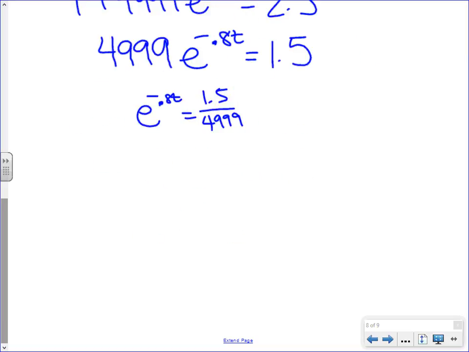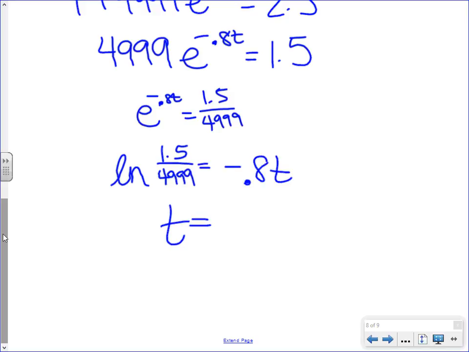Now we can write this as log base e of that 1.5 divided by 4,999 equals negative 0.8 t. So now we can punch this ugly number into our calculator and then divide it by the negative 0.8 to get t by itself.